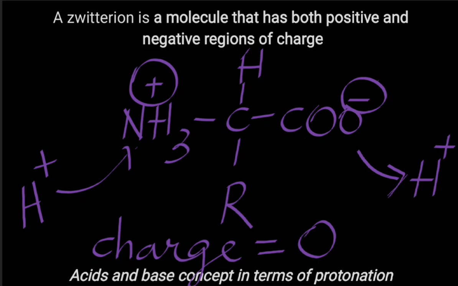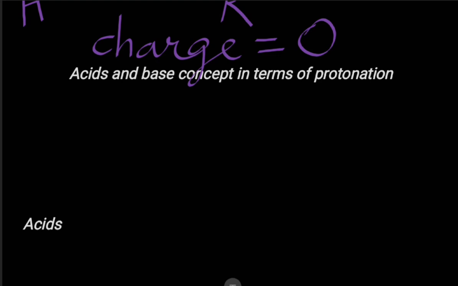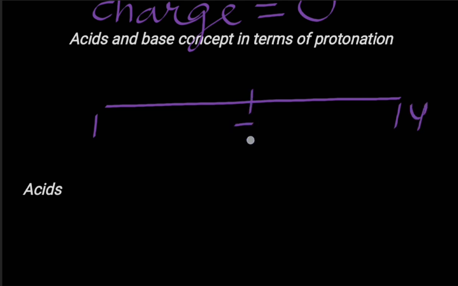So now let us see the concept of acid and base, because this is also very important. So when we talk about pH, we all know that we have pH level from 1 to 14, and at 7 we have a neutral pH, right?